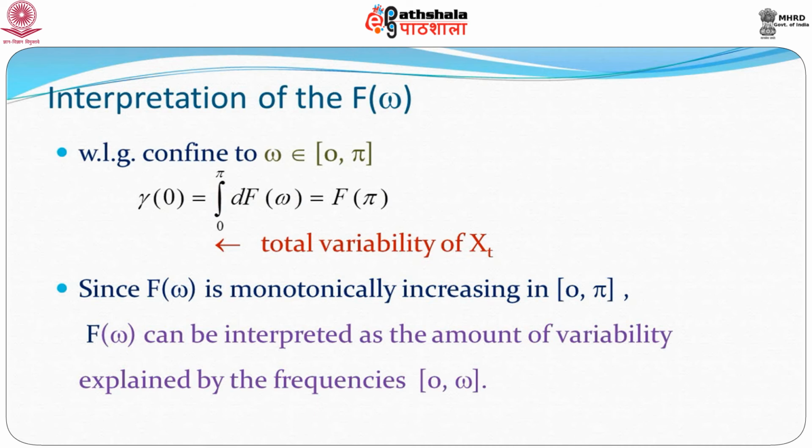So, if we take any omega somewhere in between, this would give us the area to the left of omega under this curve, which is the amount of variability explained by the frequencies up to omega. And as omega tends towards pi, we take account of more and more variability of x t, and finally, when we reach pi, we explain the total variability, and F pi becomes equal to gamma naught.